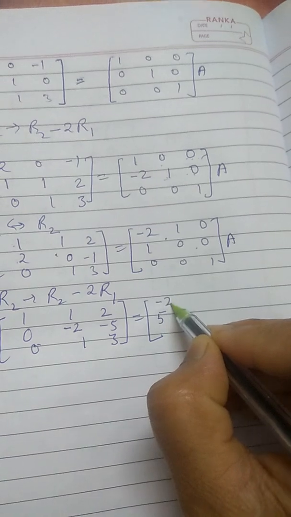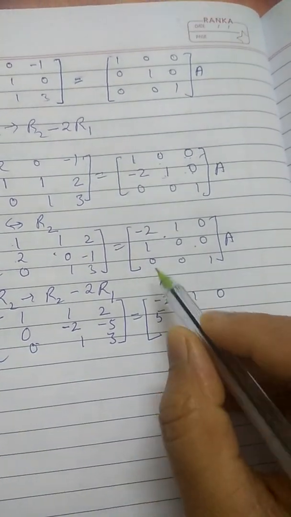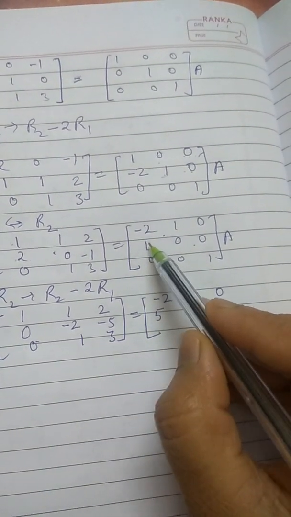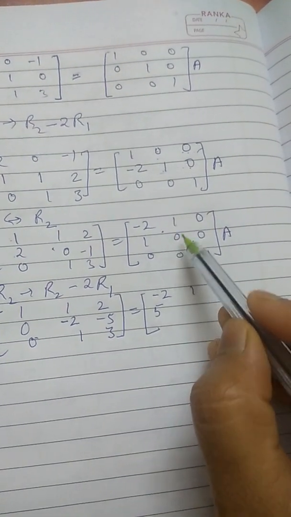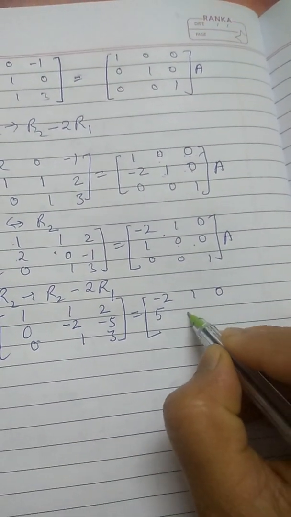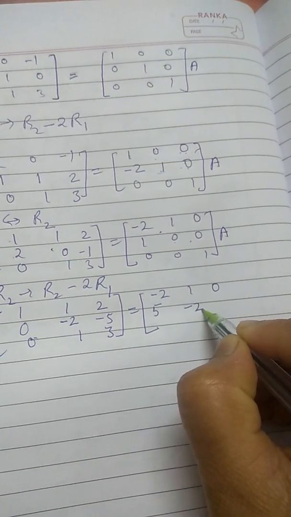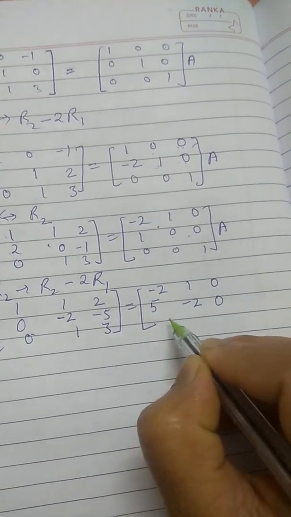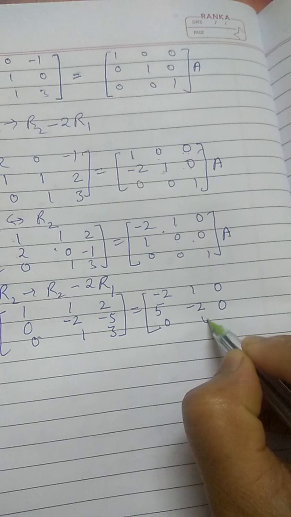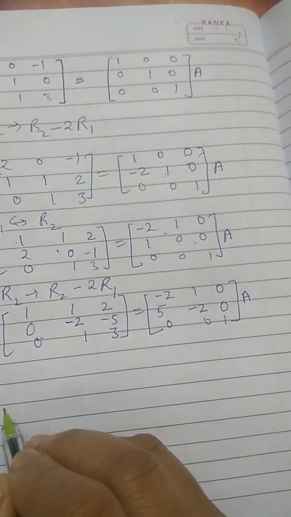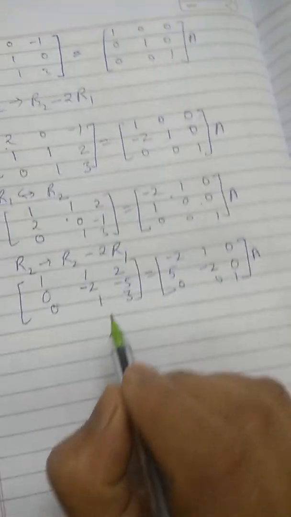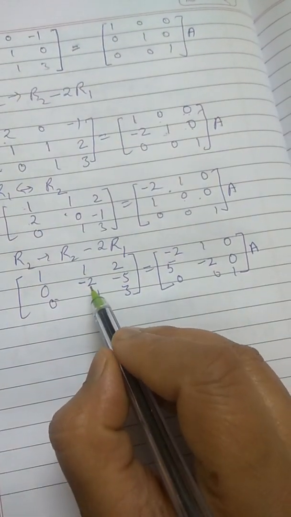The first row stays as it is, -2 1 0, and now in the second row it becomes 5. Now multiply with -2 plus 0, that is -2, and then we have 0. The third row stays as it is, 0 0 1 into A. Is it clear?